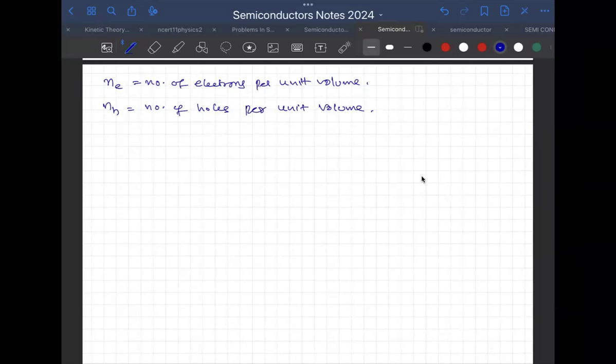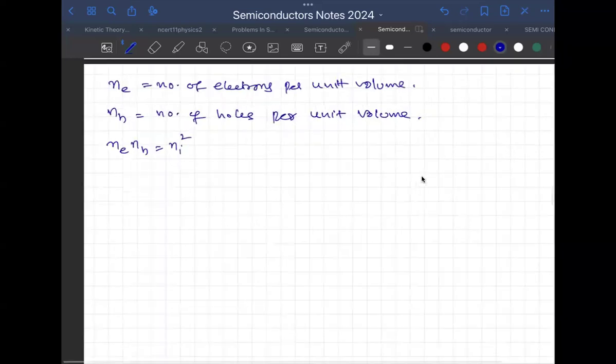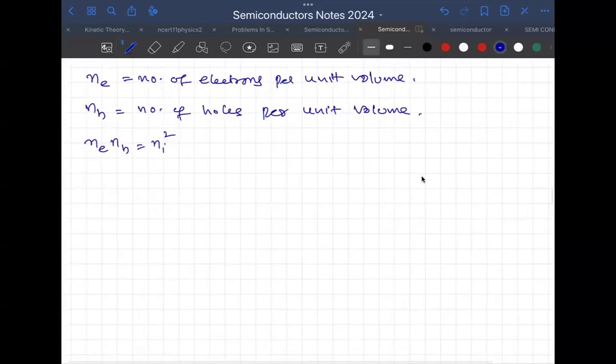Now, what is happening over here? They are related as Ni square. This equation is what we will call the mass action law.